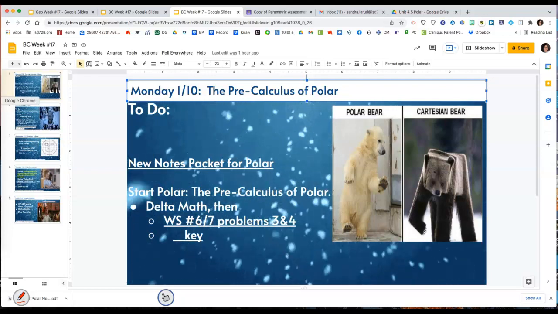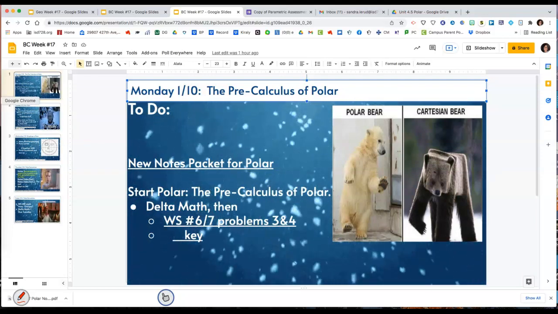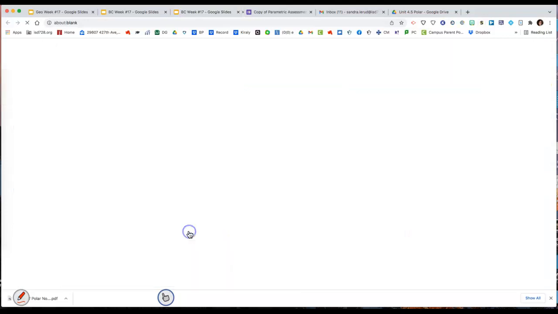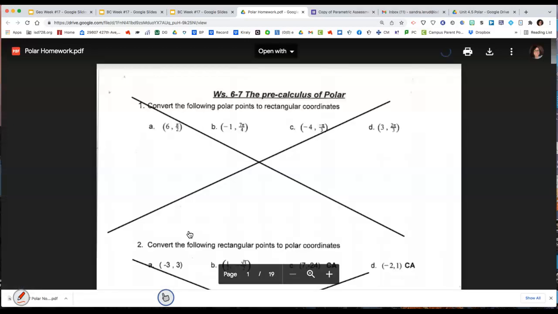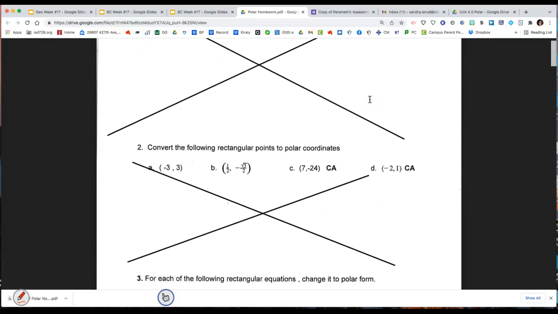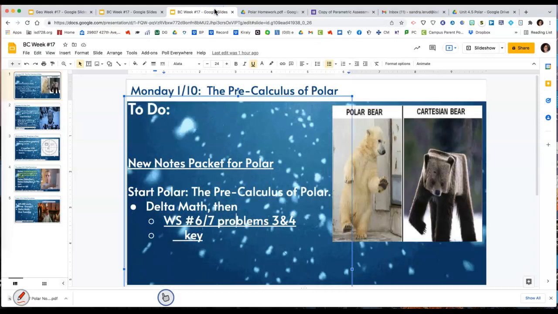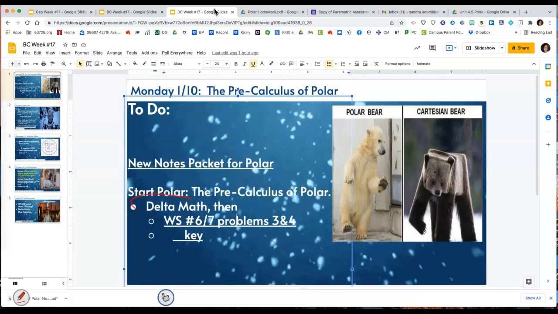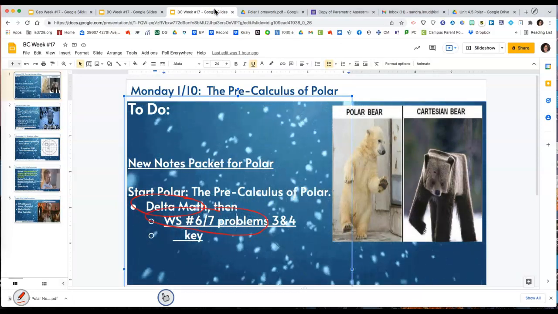Just says number 3 and 4. So when you click on this, it's got all of the homework on here. I have a big X through the whole first part because you're going to be doing that in Delta. So if you're getting it wrong, you know. So Delta had this stuff. So it said to do 3 and 4. For sure do the Delta and try to start on that.